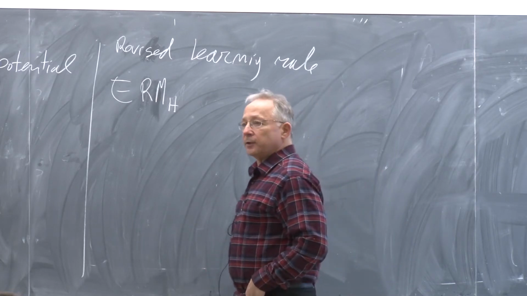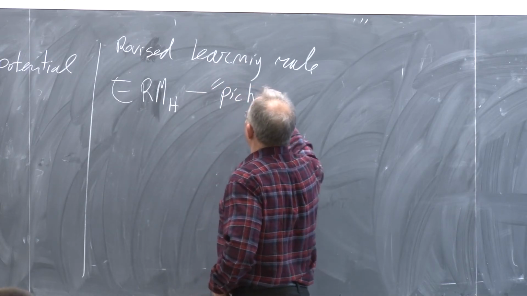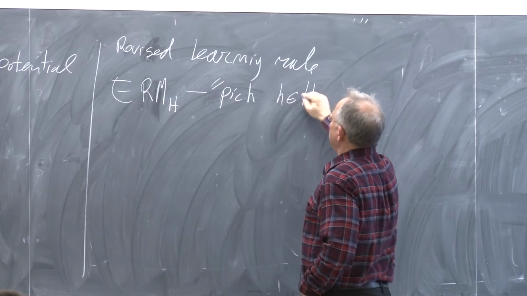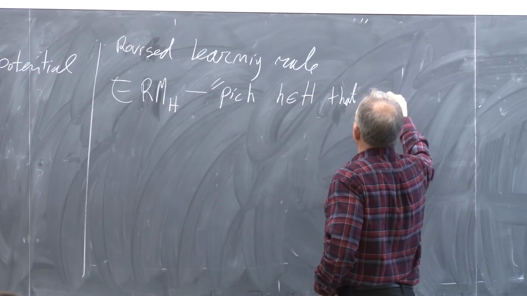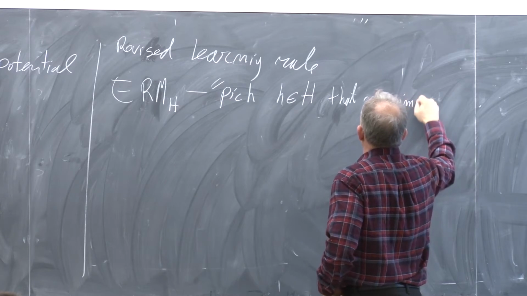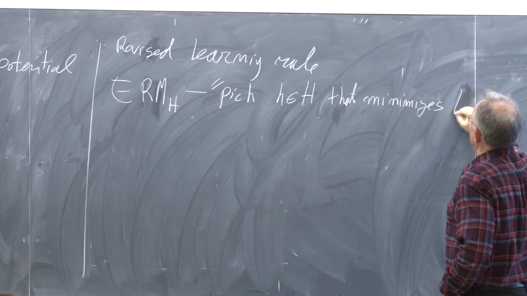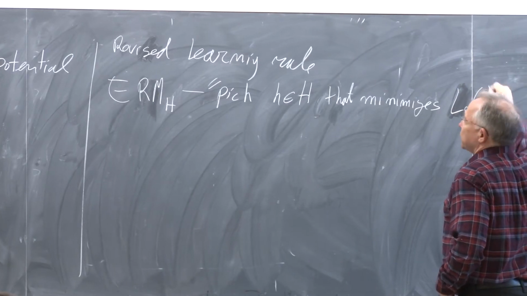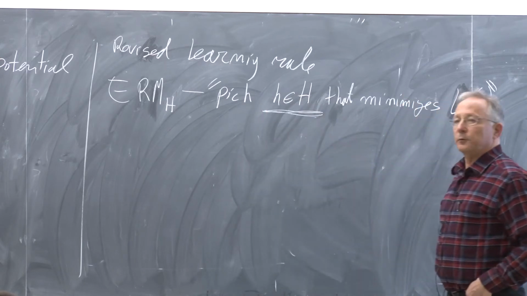So ERM_H is the rule that says pick h in H that minimizes L_S(h). But you're only allowed to pick in H.